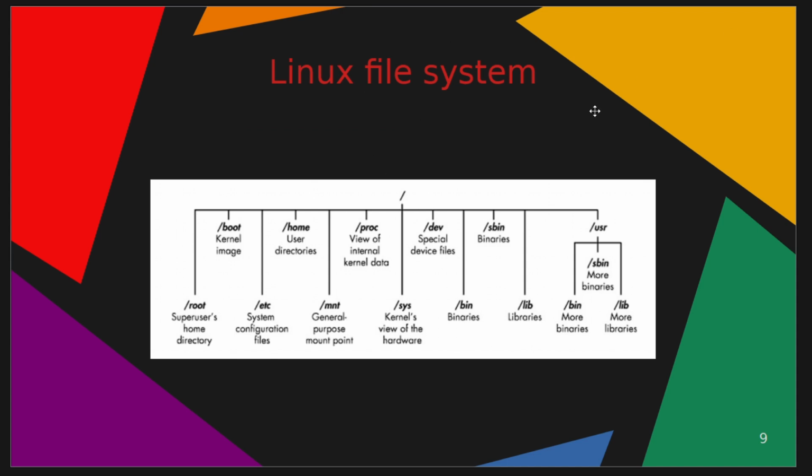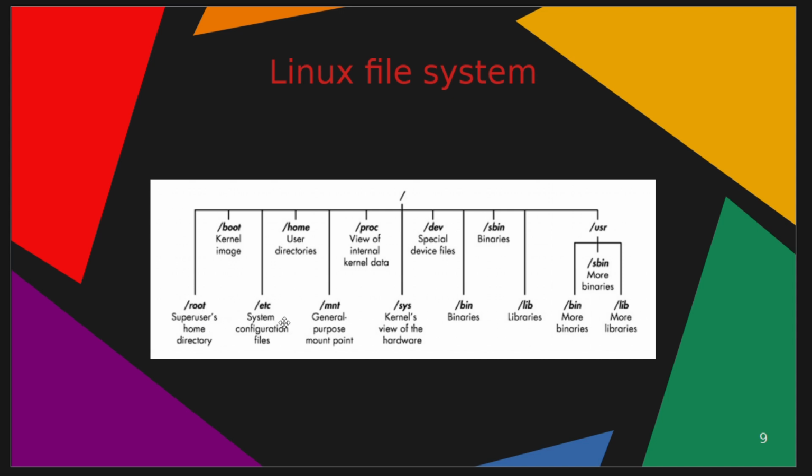And next is the Linux file system. This is also important, and there are many things here. Don't confuse it with Windows; we're just focusing on Linux. The home directory is used for all the stuff in a user's account. Boot holds all the files for booting our Linux OS.